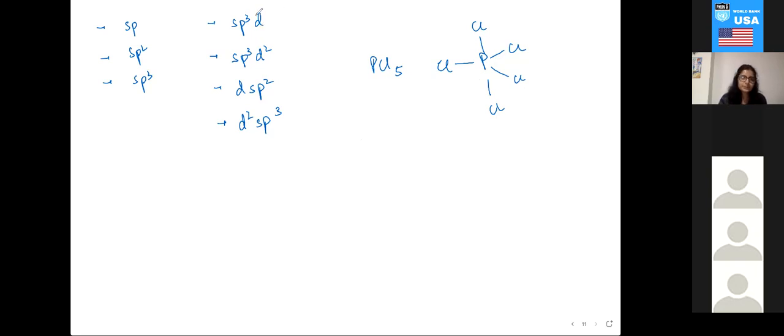They don't have d orbitals, so you won't find that hybridization in them. But in the case of sulfur, phosphorus, and the d block elements, for the expanded octet configuration, you'll find all of these. So PCl5 is bonded to 5 different atoms. It needs 5 hybrid orbitals, so it's going to undergo sp3d hybridization.